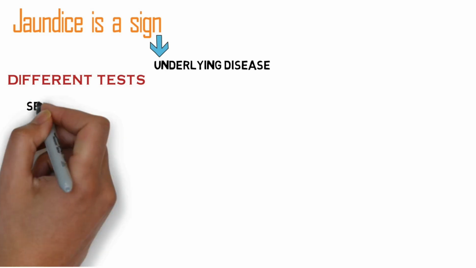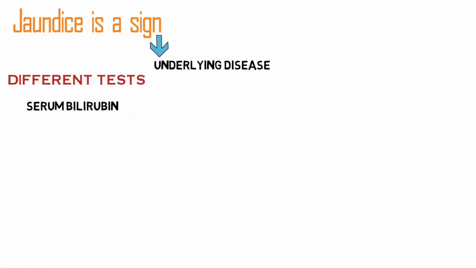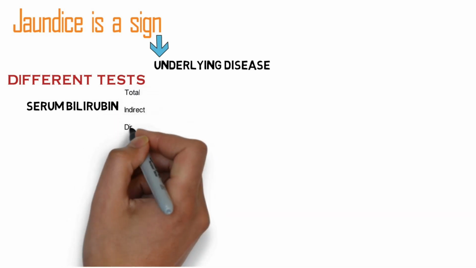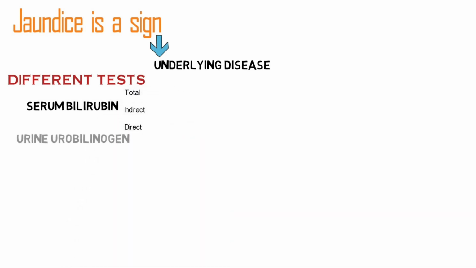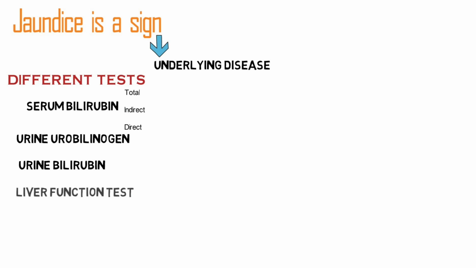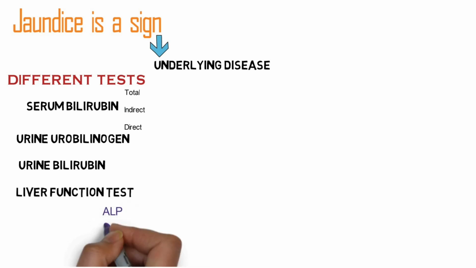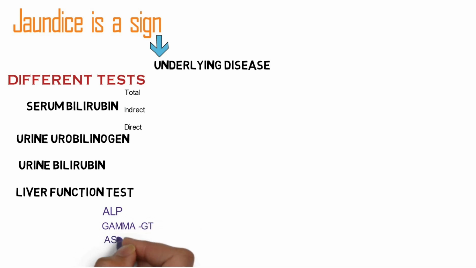These tests are serum bilirubin, which includes total bilirubin, indirect and direct bilirubin, urine urobilinogen, urine bilirubin, and also liver function tests like alkaline phosphatase, gamma GT, aspartate transaminase, and alanine transaminase.